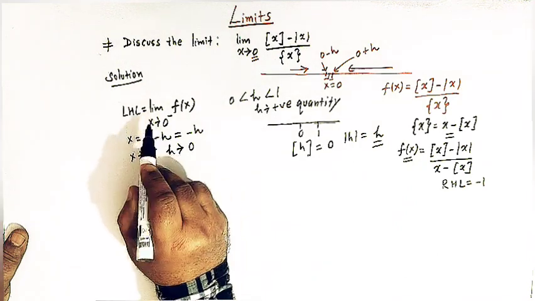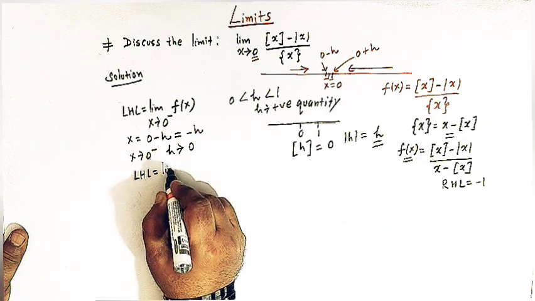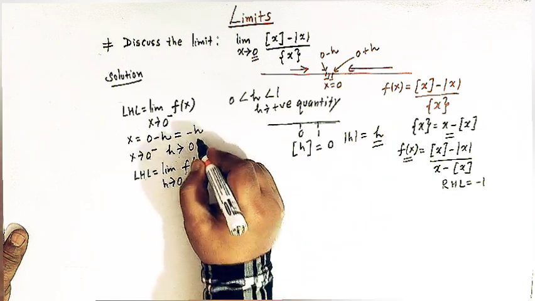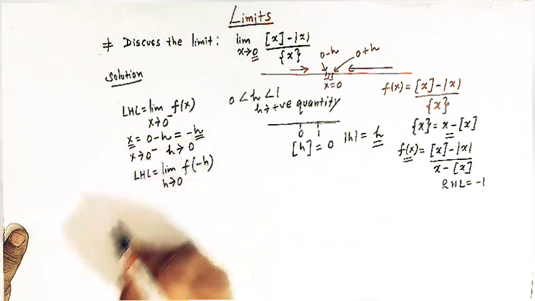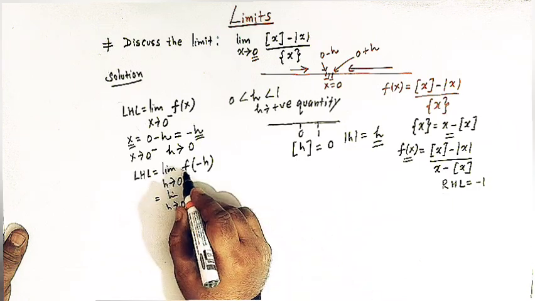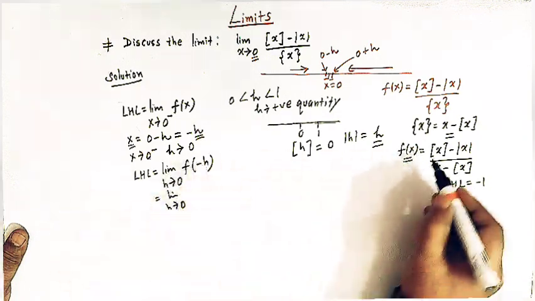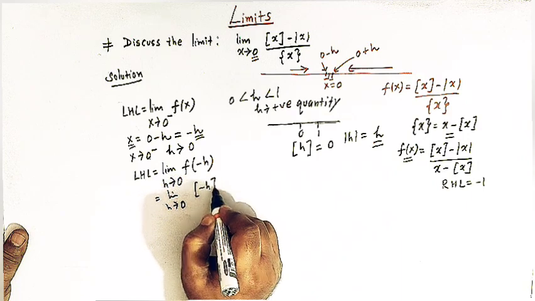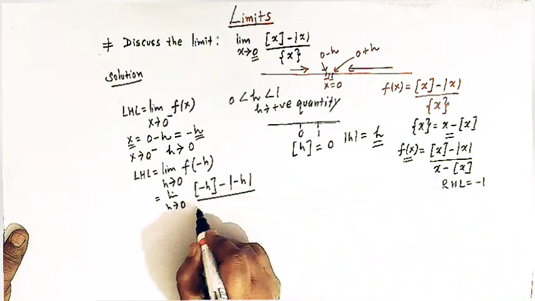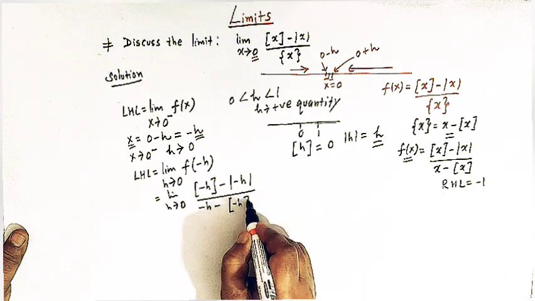Now writing this limit in terms of h, we have left hand limit equal to limit h tends to 0 of f of minus h, because x is equal to minus h, right? So f of minus h can be obtained by replacing x by minus h. So here we have greatest integer of minus h minus mod of minus h, and here we have minus h minus greatest integer of minus h.